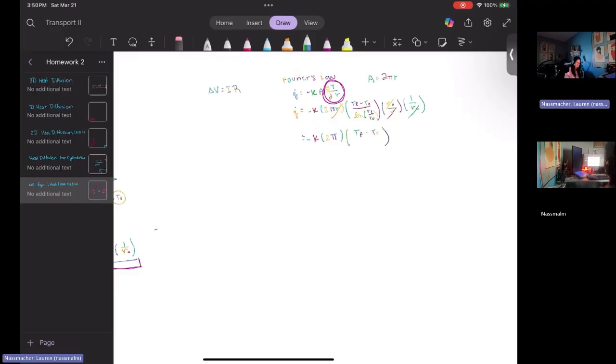But how does this relate to an electrical circuit? Well, we see a change in temperature. That's going to be delta T, and that is analogous to our change in voltage. And our heat flow is analogous to our current. But what is the resistance? Well, let's switch around the equation to determine what that resistance is.